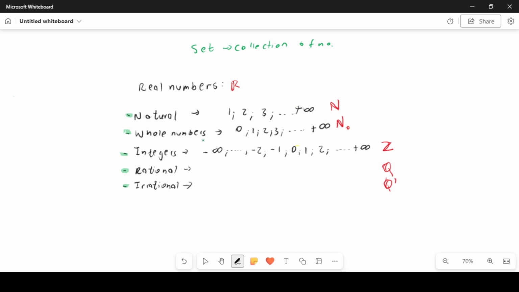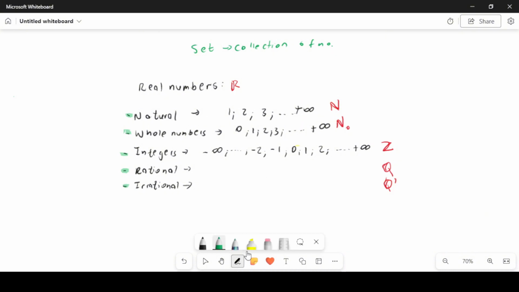Whole numbers are basically your natural numbers, but we include 0. So whole numbers are 0, 1, 2, 3, 4, 5, 6, 7, 8, 9, 10, all the way up to positive infinity. Again, we do not list all of them because it would be impractical, so we list a few, and once you get a general idea of the pattern, you know what other numbers to expect.